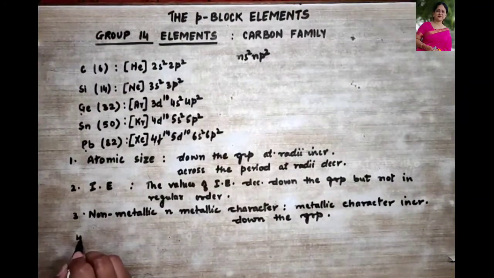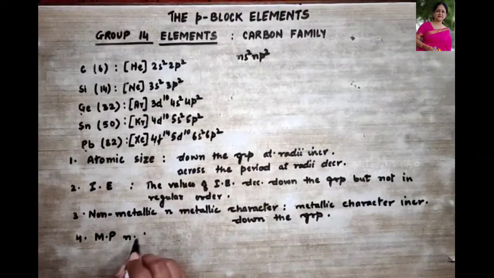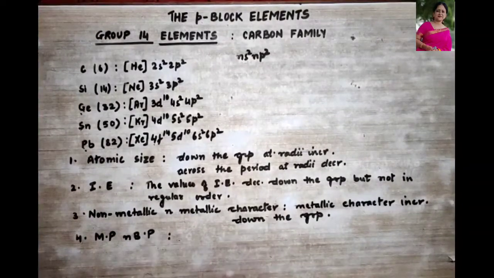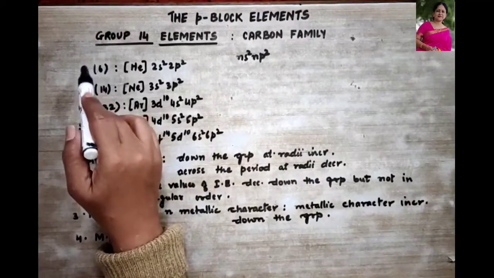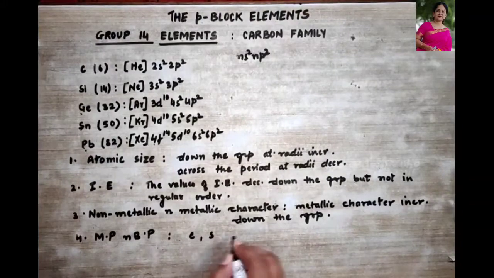Then we come to the fourth point, that is the melting point and the boiling point. Carbon and silicon have very high melting and boiling points.